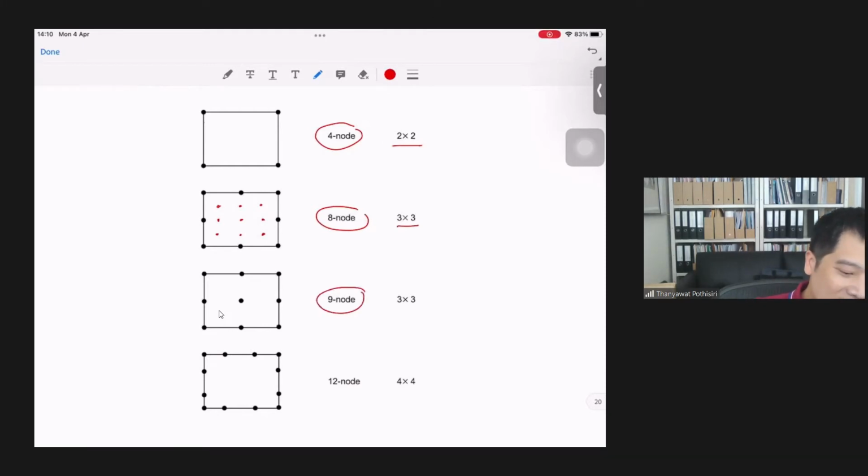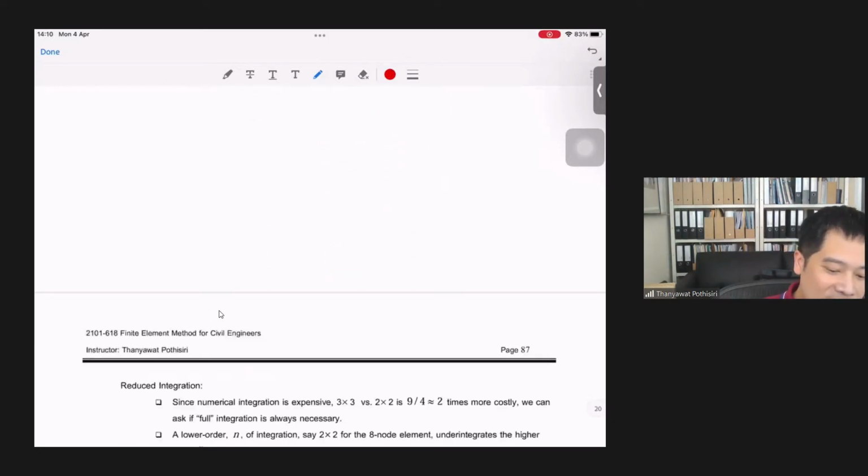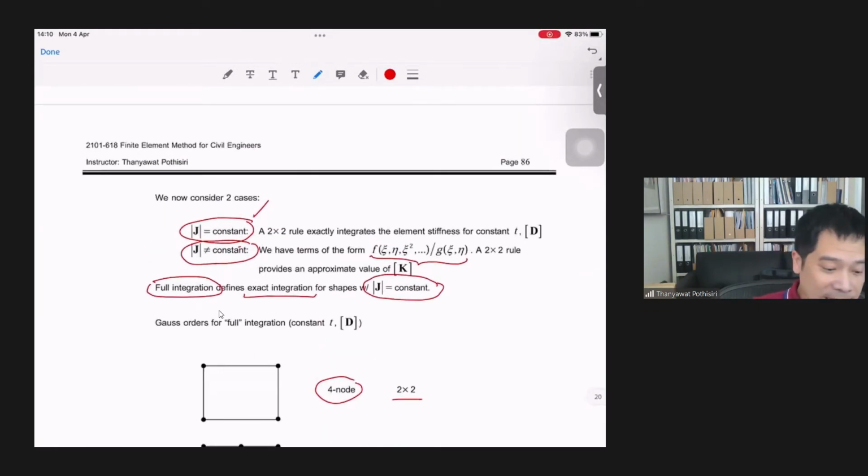Same thing for a 9-node element: 3x3 points would be your full integration order. So this is the full integration order, or the number of sampling points which you can use to exactly integrate the element stiffness matrix in the case where J is constant.